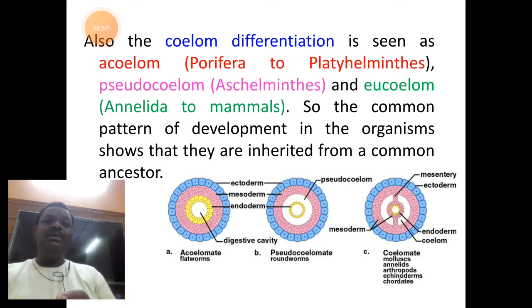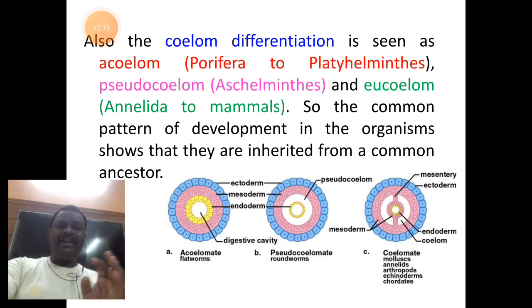As we have seen, the zygote stage is common in almost all organisms, the multicellular stage called morula, cleavage, then blastula stage, gastrula stage, germ layers of triploblastic and diploblastic condition, etc. They all remain common in almost all organisms. In the same way, coelom differentiation also remains common between the organisms.